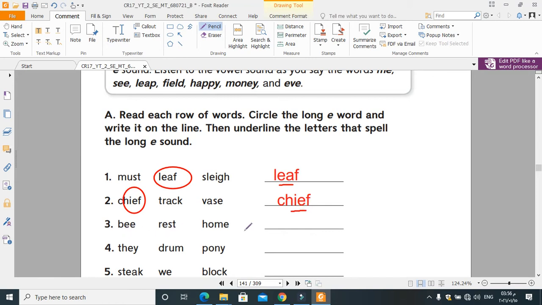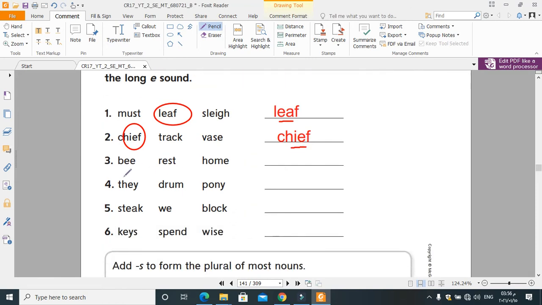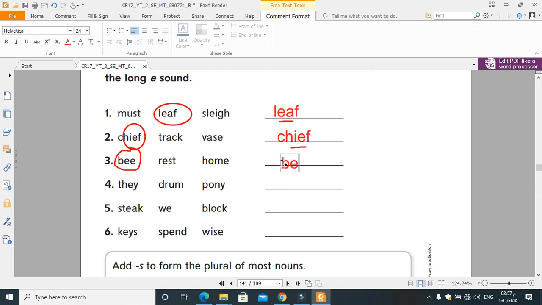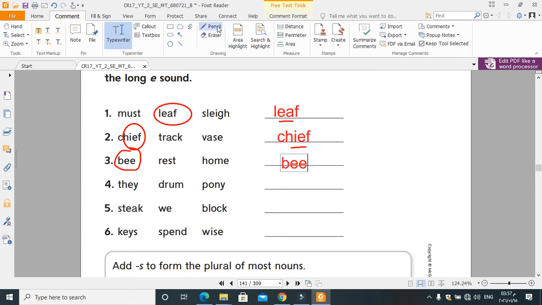Bee, rest and home. This is bee. So circle bee. Write it. And underline EE. This is the pattern that gives you the sound E. Long E.